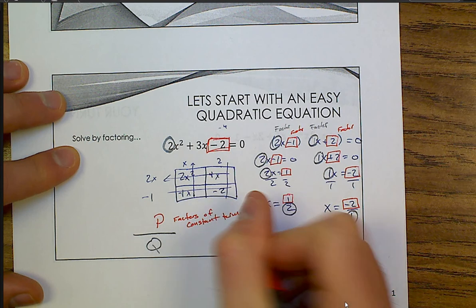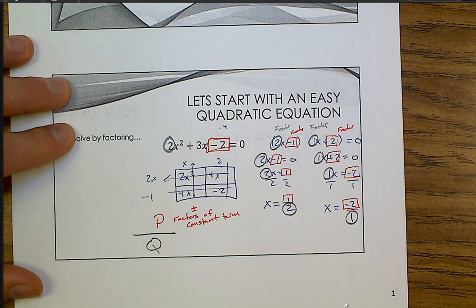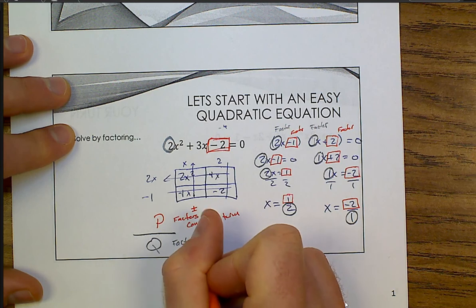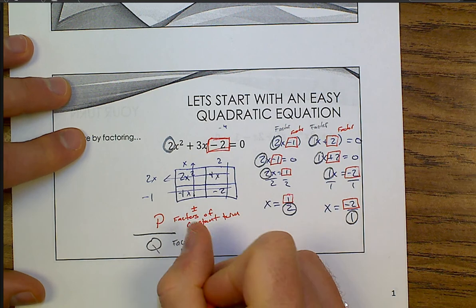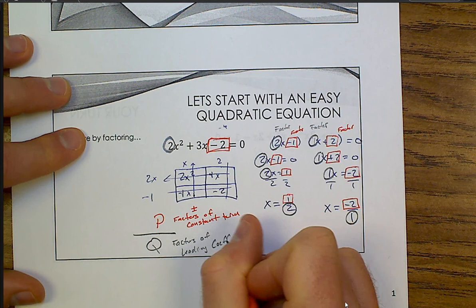And when we say factors, we're going to include positives and the negatives, so plus or minus factors of the last term, so 2, divided by our factors of our leading coefficient, which is our 2.